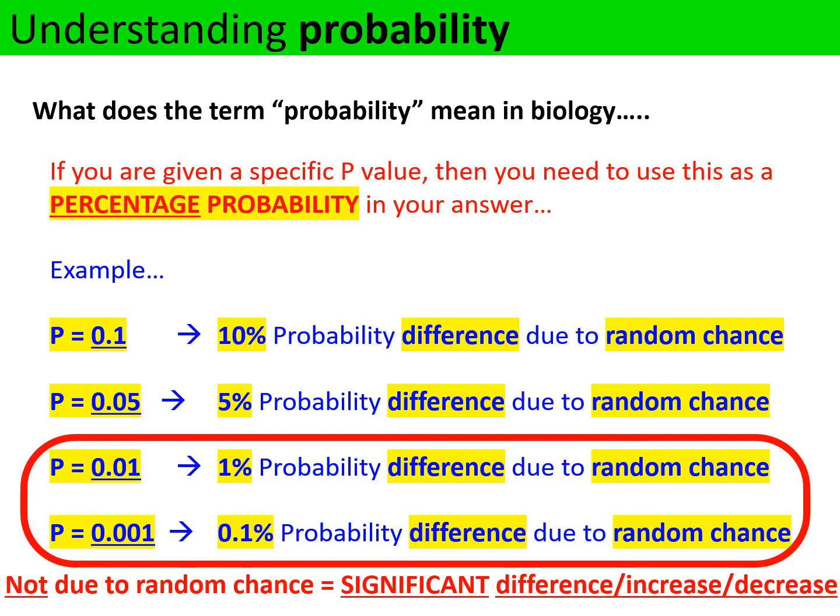These are both probabilities of less than 5%, which both indicate that there's a significant difference between the values that we're trying to compare. And we have to give our answer direction. So either a significant increase or a significant decrease between the two values, or as the one at the bottom says, a highly significant increase or decrease between the first value and the second value.